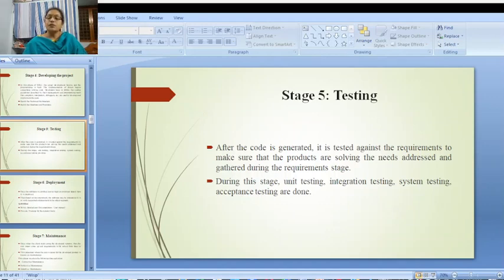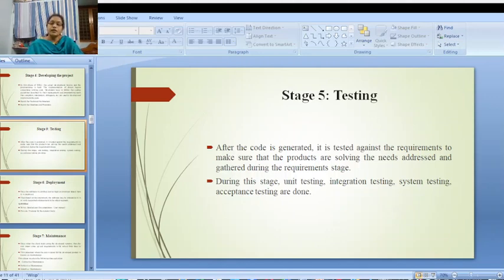Likewise, testing people also have test plans, where they clearly mention each and every step of how to test the software. By using the test plans, the testing team will test the software. Each and every module will be tested in isolation, and later the integrated system is also tested after being integrated.